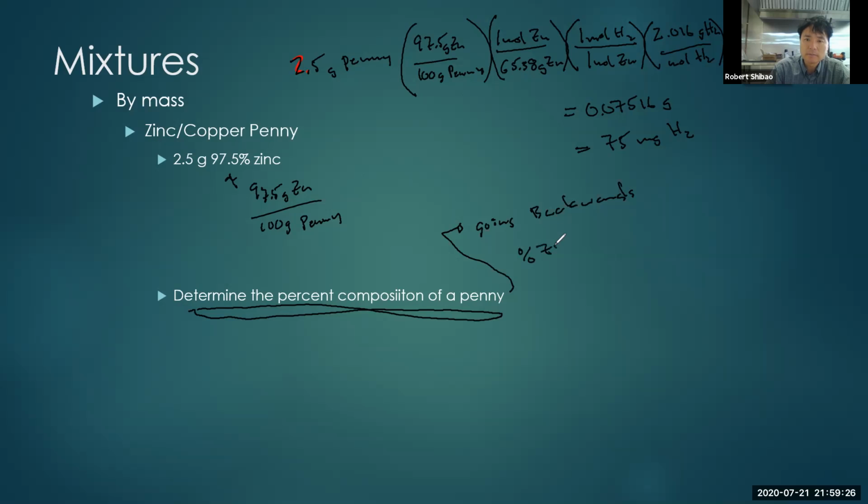Percent zinc is going to equal the mass of zinc divided by the mass of the penny. And so we have to be given certain information. And the information that's going to be given here is 2.5 grams of mixture, the penny.